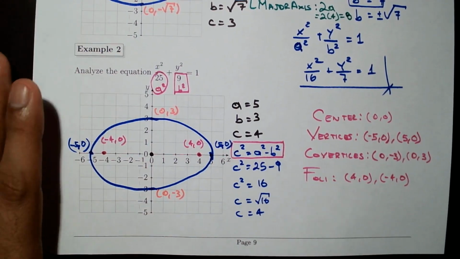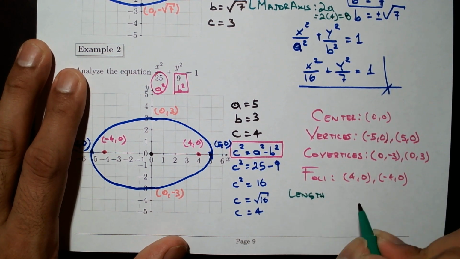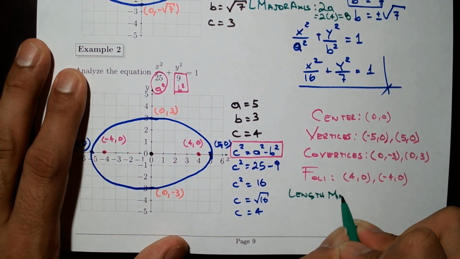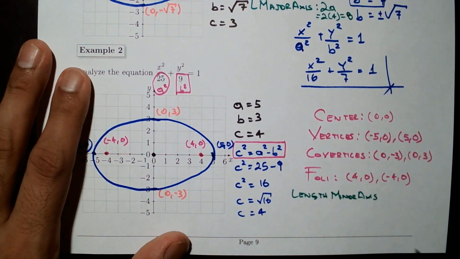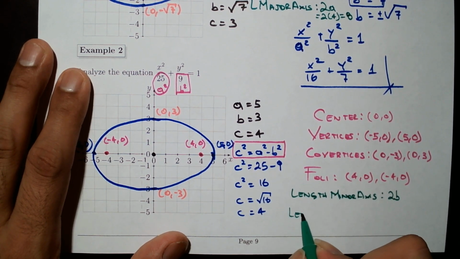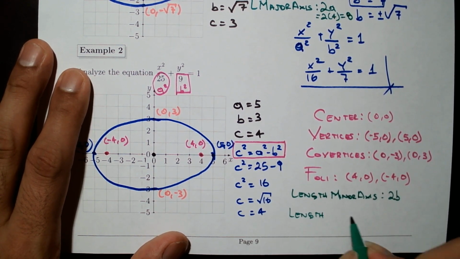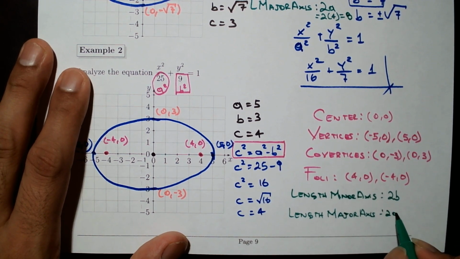Let's look at the other one. So the length of the minor axis, that is 2 times b, and the length of the major axis, which is 2a.